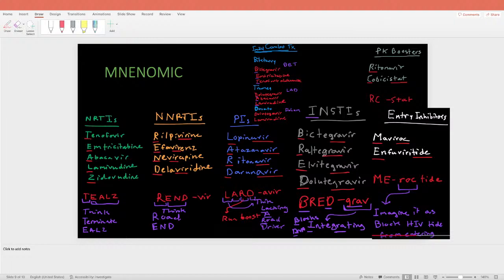Which of these classes of medications is associated with bictegravir?